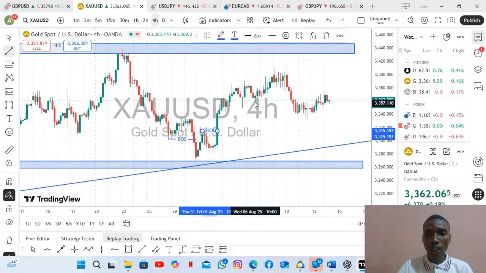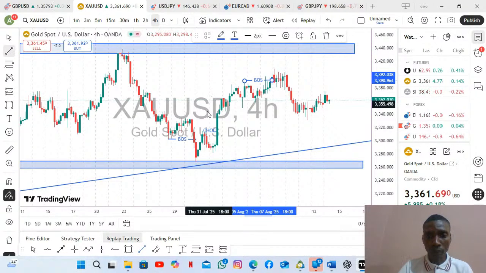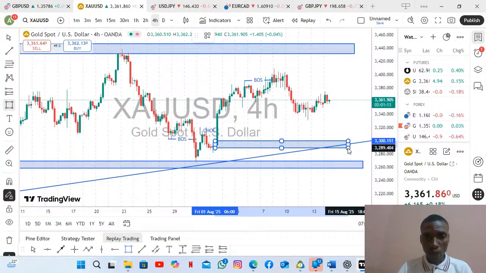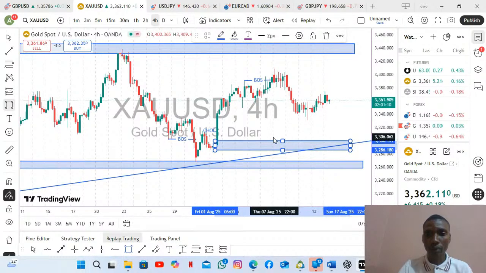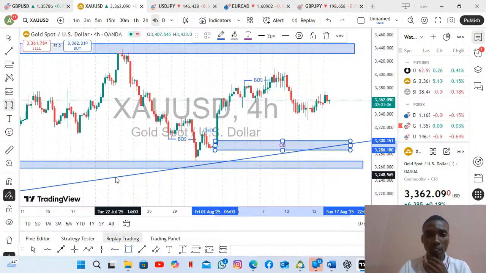Good. After that change of character, we notice another change of character here to the upside, with another break of structure, I mean. But from this change of character, we'll see that this is the order block that actually caused the change of character.